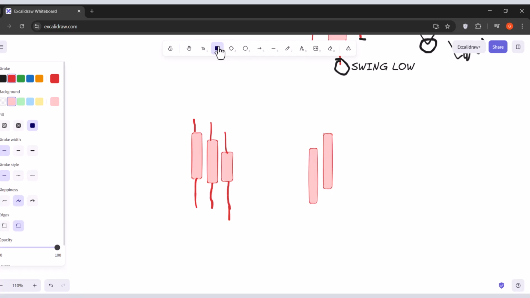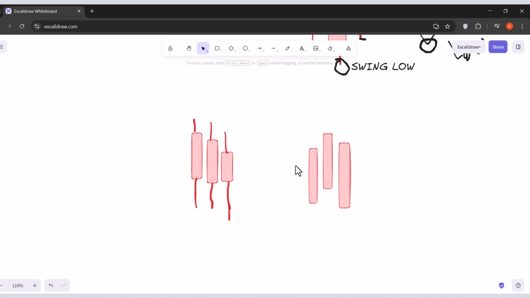And when you go forward, the third candle is also lower. In terms of swing high, the first candle is lower than the second candle, and the third candle is also lower than the second candle, meaning the one in the middle is higher than the surrounding candles. That makes this a swing high.